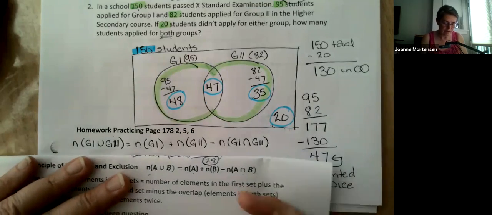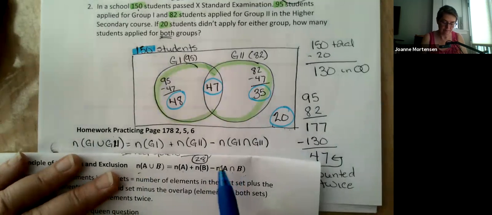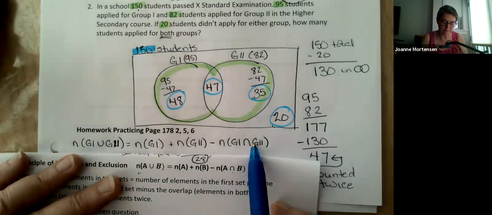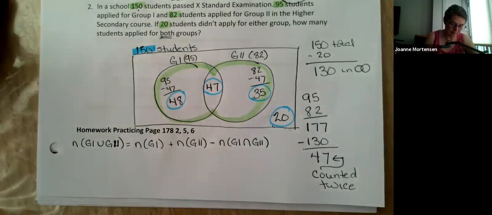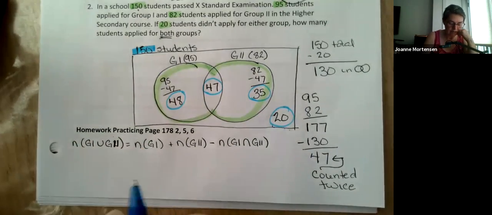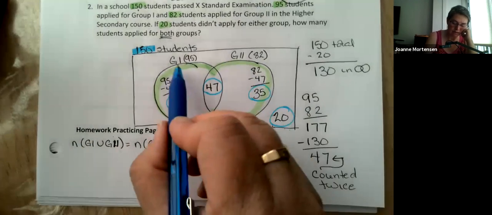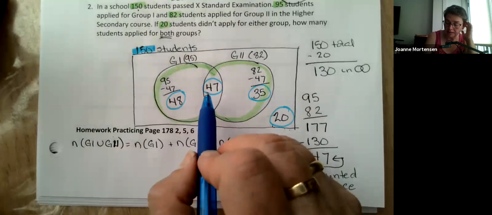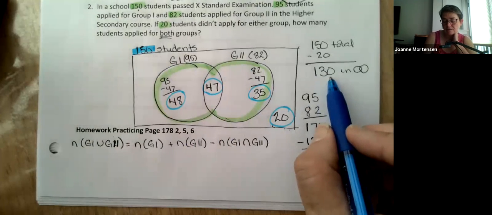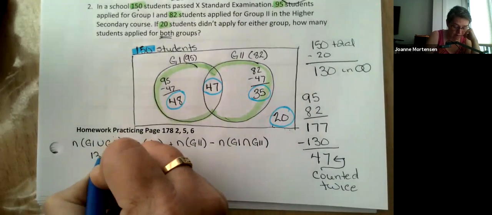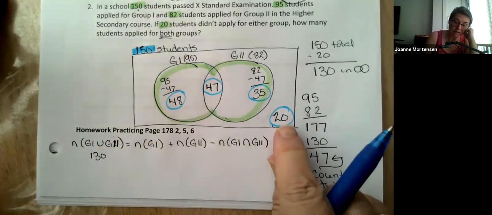And I'm just replacing. So G1, G2, G1, G2 minus that. The trick here is going to be, because this is the union, that's the green area that I highlighted here. We have to remember that's not the 150. We're going to have to put 130 there because we've got to get rid of these guys first.